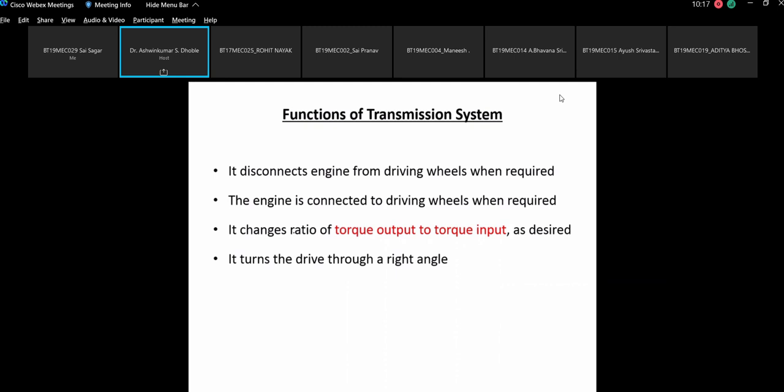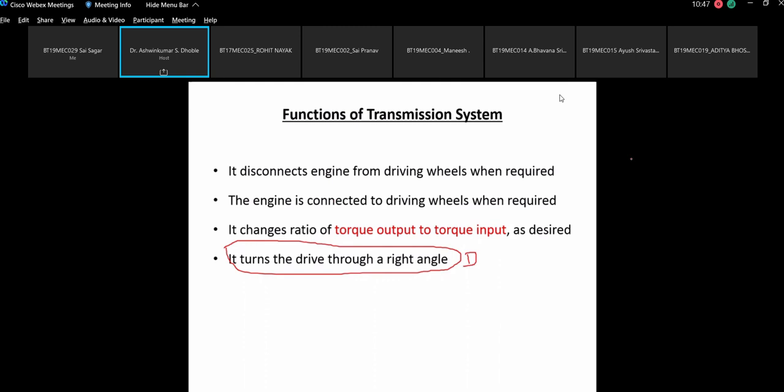So it changes the ratio of torque output and torque input as desired. It turns the drive through a right angle. This is the function of the differential, and it is perfectly correct: the function of the differential is to turn the drive through a right angle.